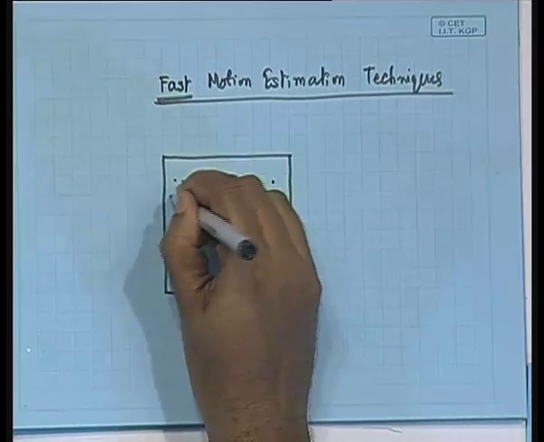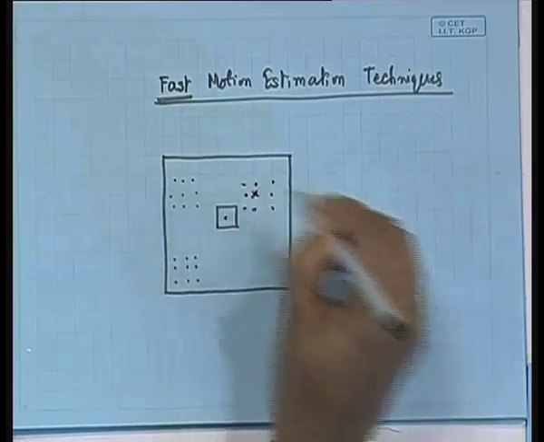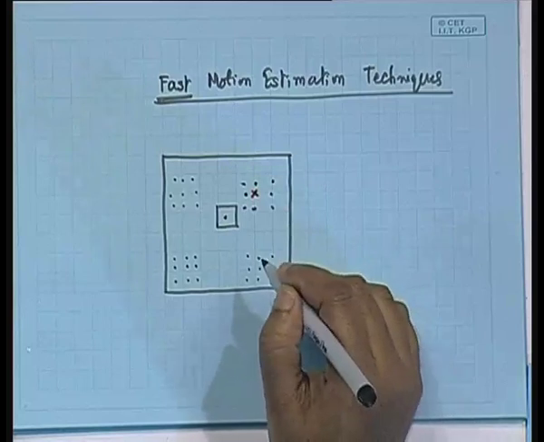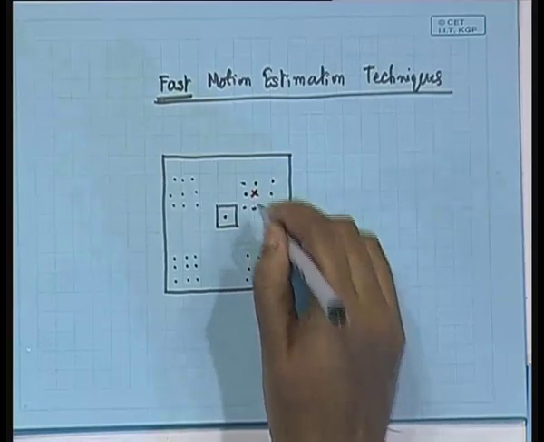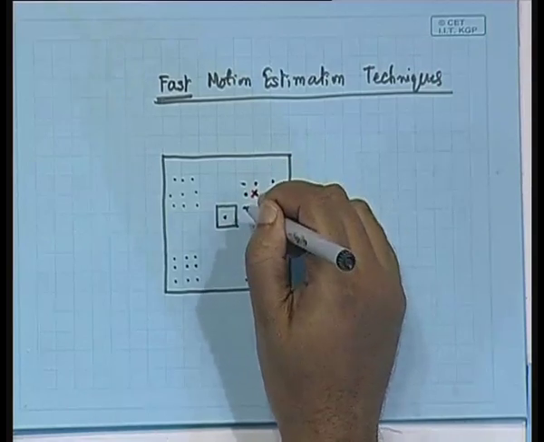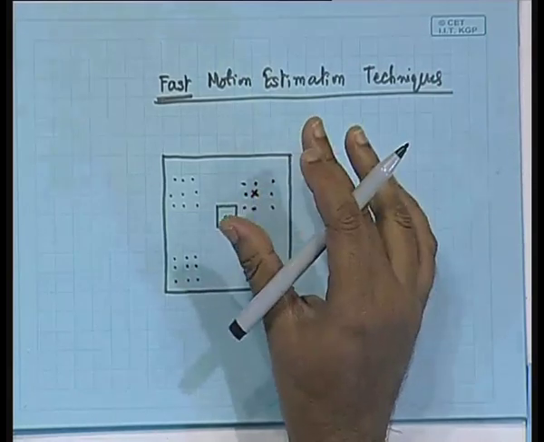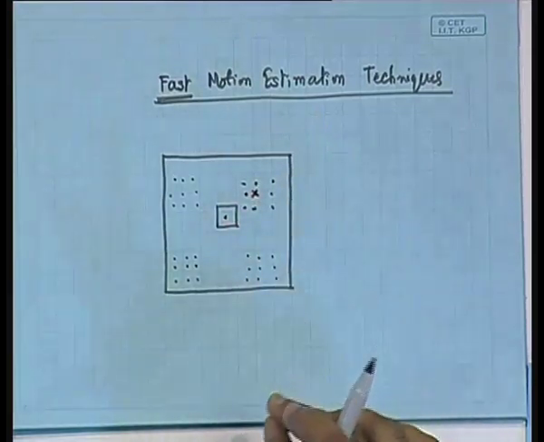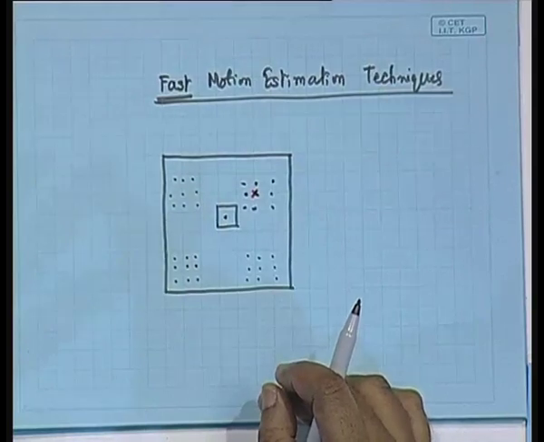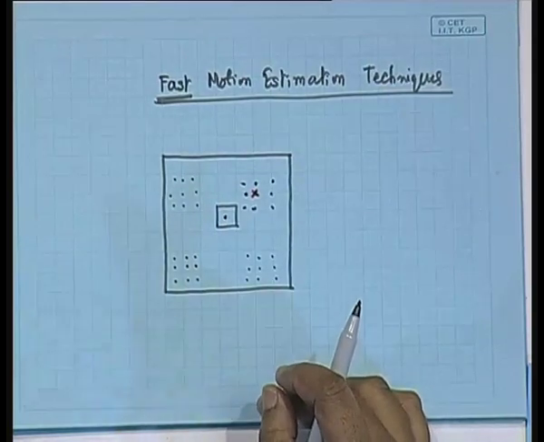Even here you may find higher values of matching measures. At all other positions you are going to find higher values of matching measures. Here you are going to find the minimum, but close to the minimum, you are going to find lower values.